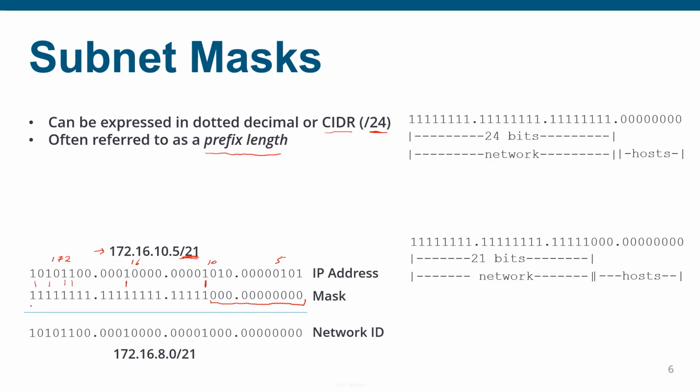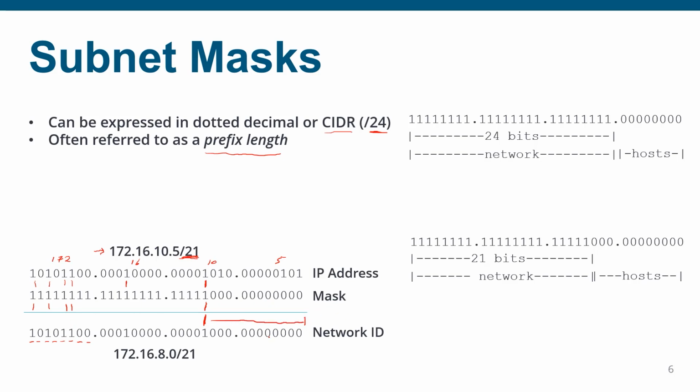So in this case, we have 1 and 1 in the first place, 1 and 1 in the third, 1 and 1 in the fifth and sixth, and we see we've got 1, 0, 1, 0, 1, 1, 0, 0, and continuing along up until our 21st position, where we have the last 1 in our mask, and all other numbers here are going to be zeros.